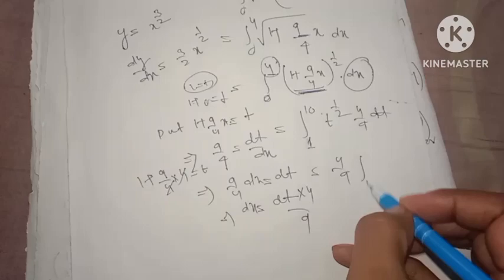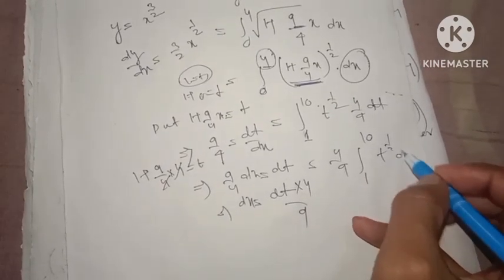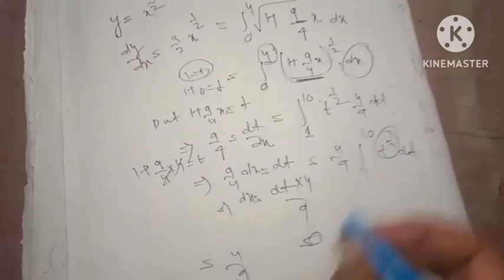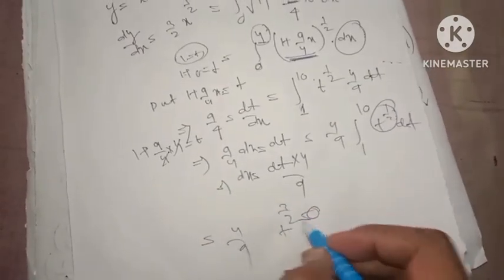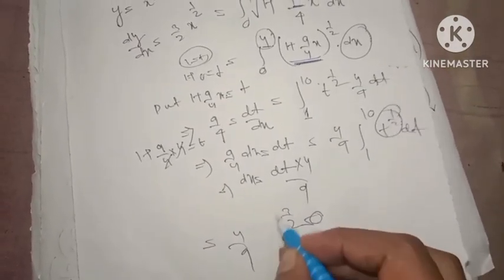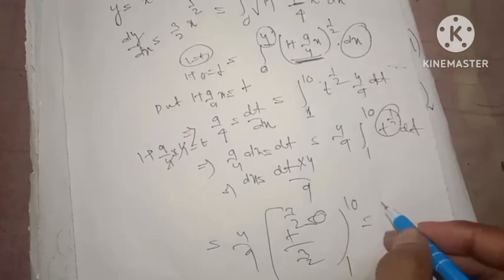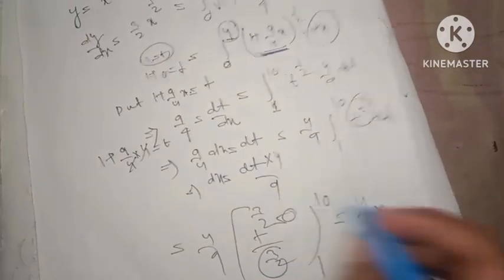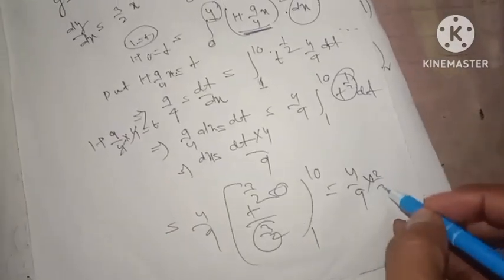So 4 by 9 integration 1 to 10 t to the power 1 by 2 dt. So 4 by 9 integration of t to the power half is t to the power 3 by 2 over 3 by 2, limit 1 to 10. So 4 by 9, 3 by 2 becomes reciprocal 2 by 3.